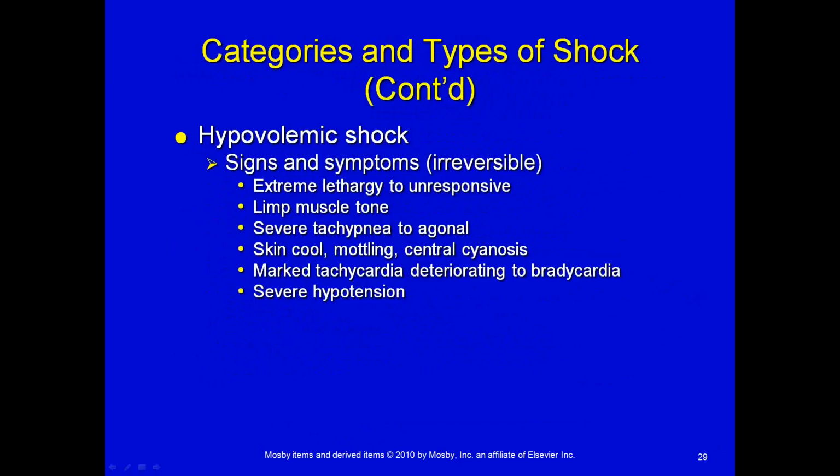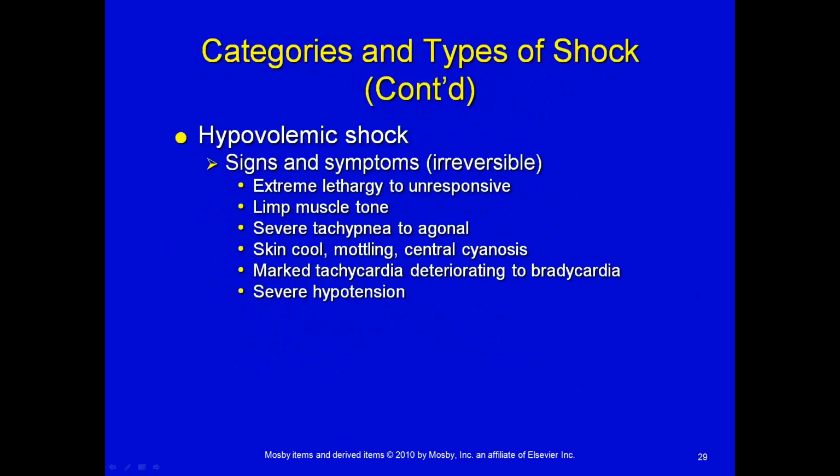Irreversible shock. Remember, this is a shift in metabolic state, with significant metabolic acidosis. The brain does not function when it's dry and being bathed in acid, so you become extremely lethargic to unresponsive. You become limp.